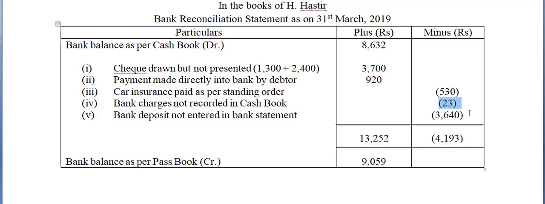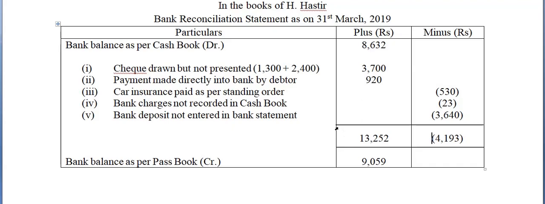When you deposit rupees 3640 in the bank, you will record it in the cash book immediately on the debit side. But the bank statement is not highlighting this amount, which means the bank has not included 3640, but it's recorded in the cash book. So you must reconcile this transaction, and you must record it on the minus side.